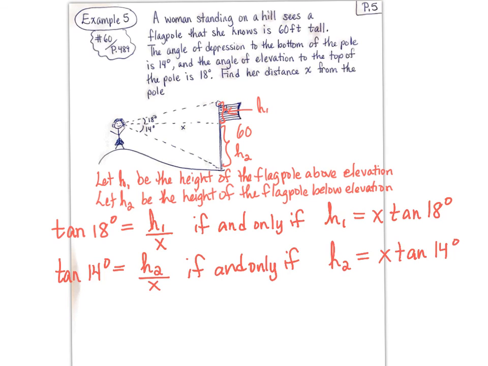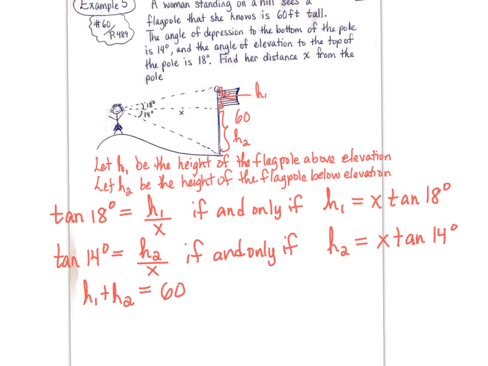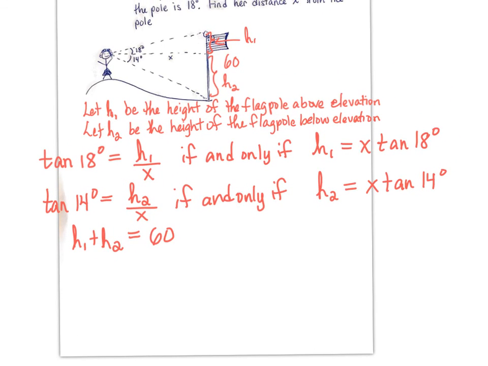Now, we know the flagpole is 60 feet tall, right? So what does that mean with what we have? It means that H1 plus H2 equals 60. Very good. Because we know that the height of that flagpole is 60.